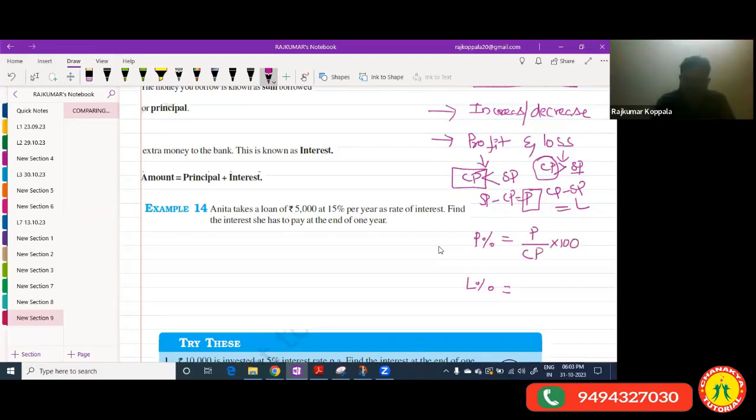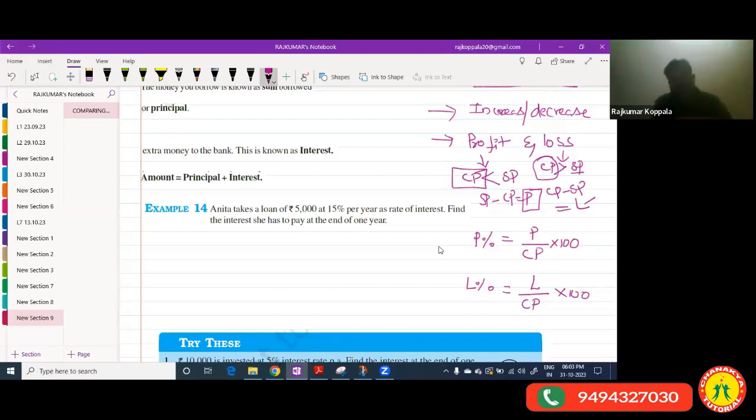In the same way, we will get the loss percentage: loss amount, how much amount you got as loss, divided by the cost price only, into 100. This gives us the percentage of loss. These are commercial mathematics problems.